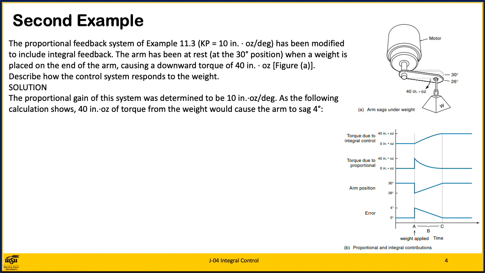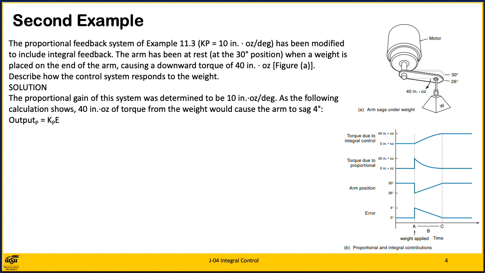So the solution: the proportional gain of this system was determined to be 10 inch-ounces per degree. As the following calculation shows, 40 inch-ounces of torque from the weight would cause the arm to sag 4 degrees.